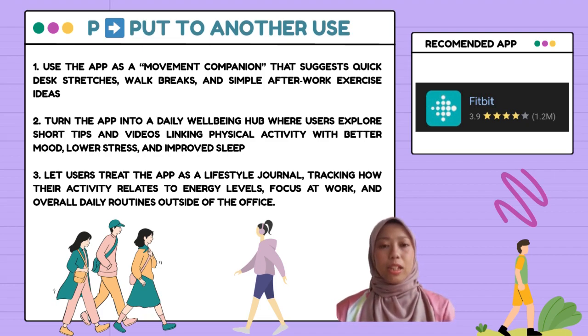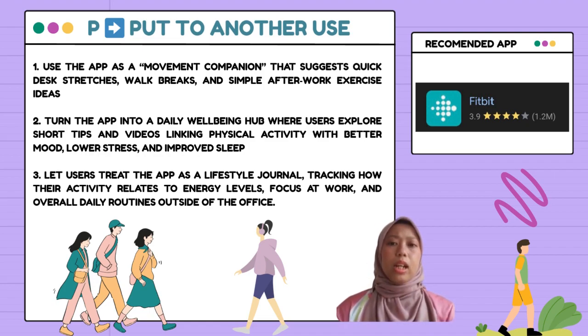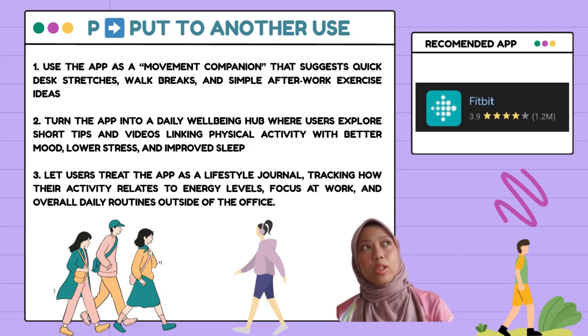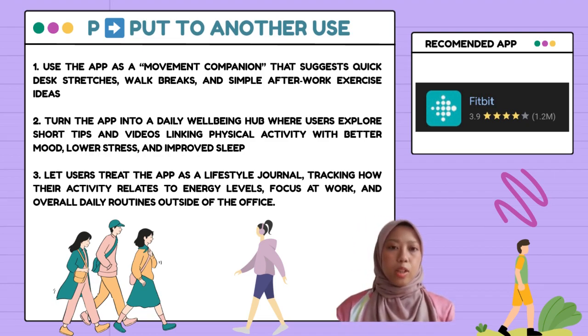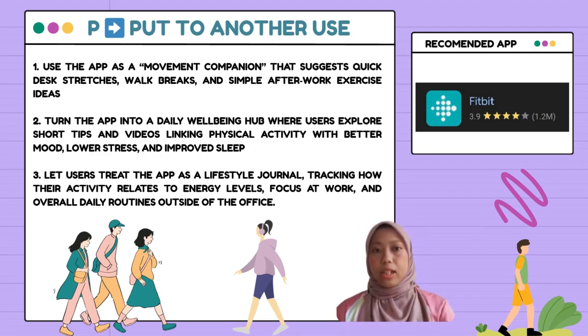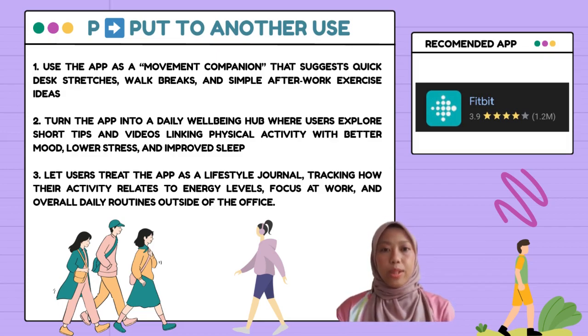Next, I will be talking about the put to another use stage, which is the P stage. Instead of only using the app for tracking steps or workouts, we suggest expanding its use to better support working adults. The recommended app is Fitbit.